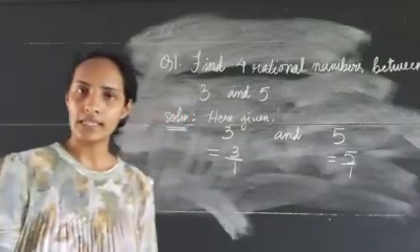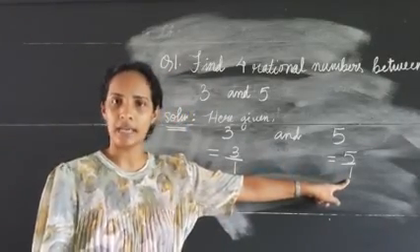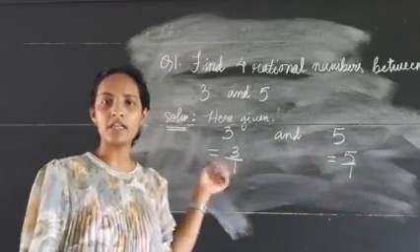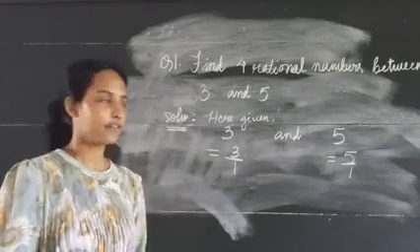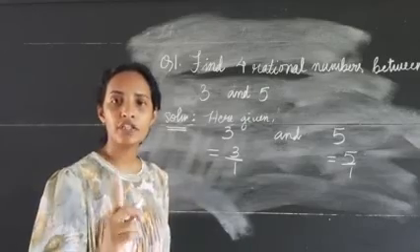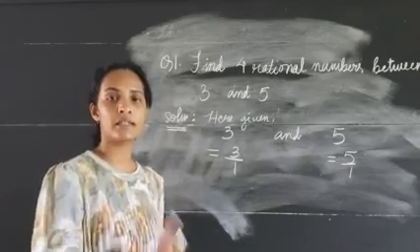Now, when we look at these two numbers, we can see that the denominators are same. What is the denominator? 1 is the denominator. So, it's the same denominator. Now, what is the next step? If the denominator is same, then we go to the third step. What is the third step?